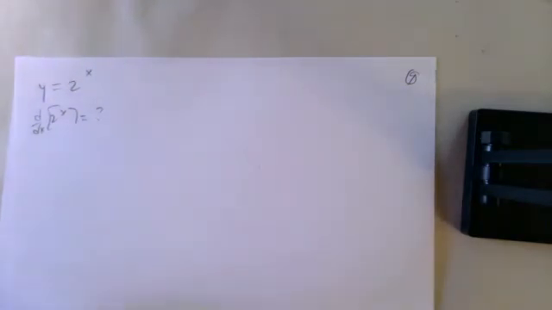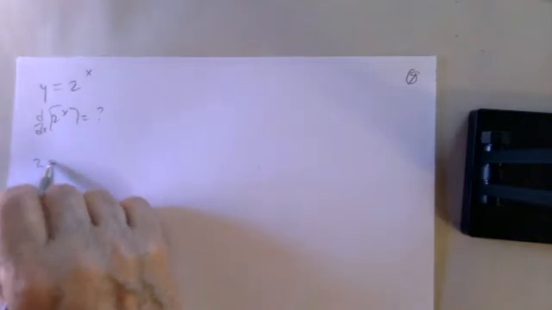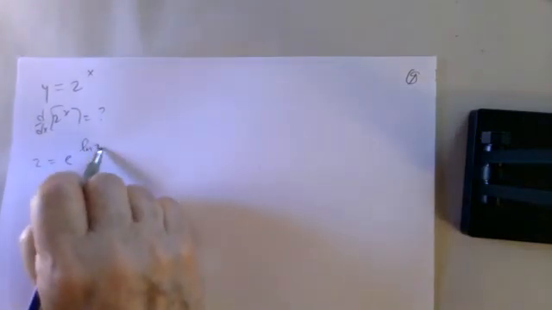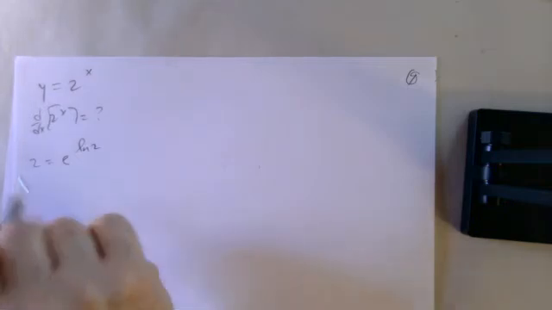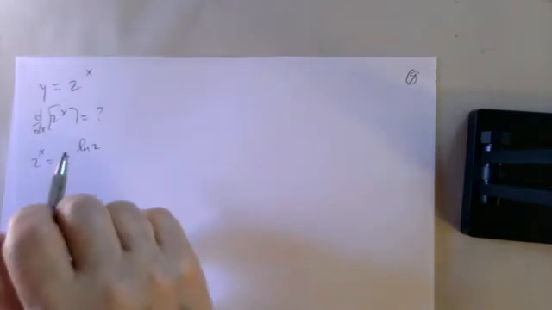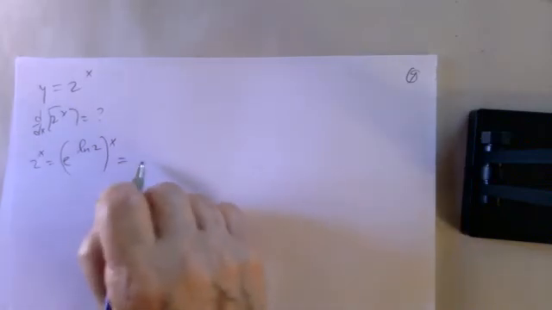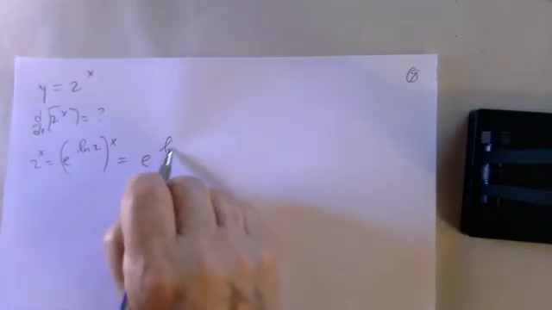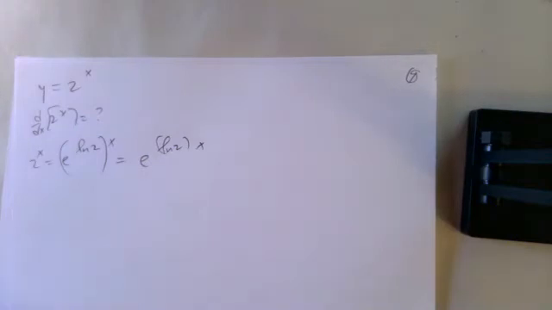So you can do this using the chain rule because 2 is e to the power log 2, right? The exponential and the logarithm are inverses of each other. So 2 to the x is e to the log 2, to the x, which is e to the constant log 2 times x.